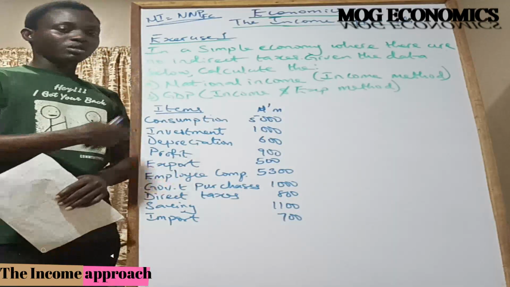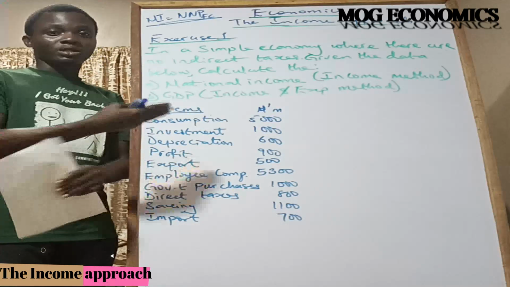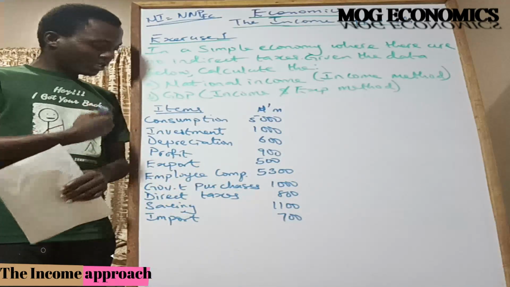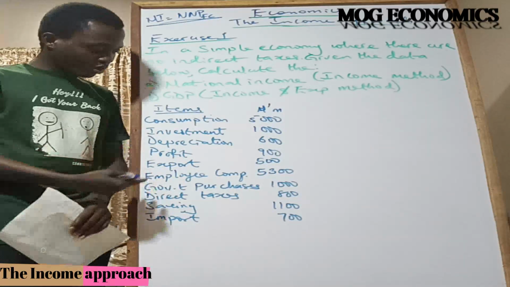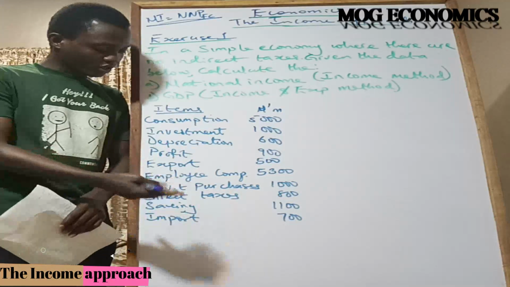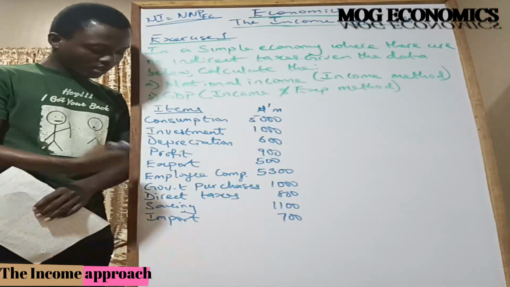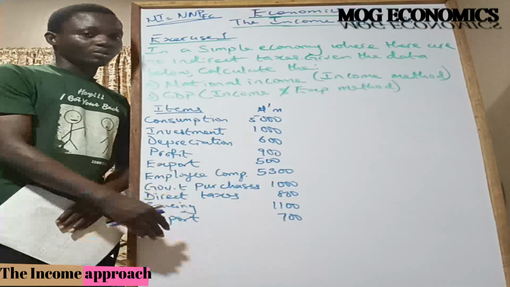Consumption is 5,000 million, that's 5 billion. Investment is 1,000 million, which is 1 billion. Then you have depreciation, profits, exports, employee compensation (COMP is compensation), government purchases, direct taxes, saving, and imports, and their corresponding values.